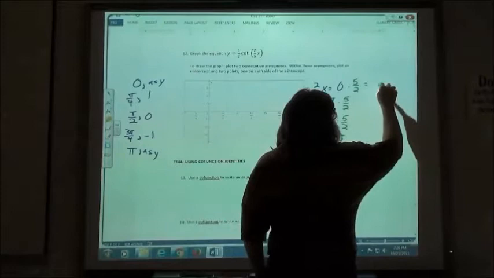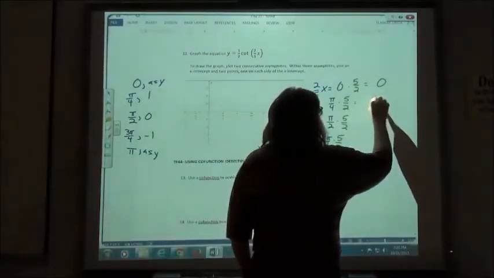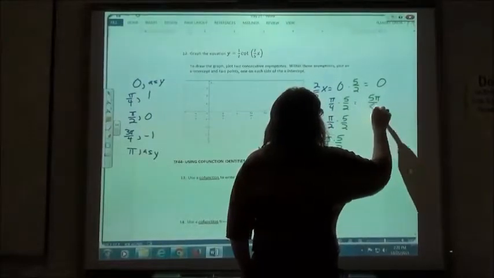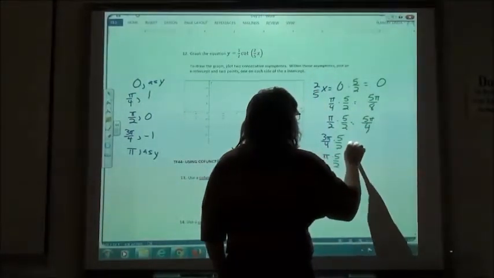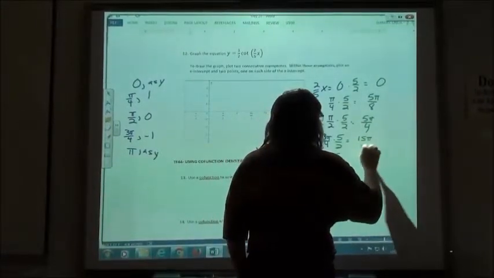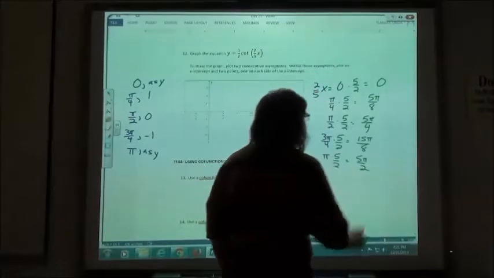So 0 times 5 over 2 is still 0. Then I'm going to get 5 pi over 8. Then I'm going to get 5 pi over 4. Then I'm going to get 15 pi over 8. And then I'm going to get 5 pi over 2.